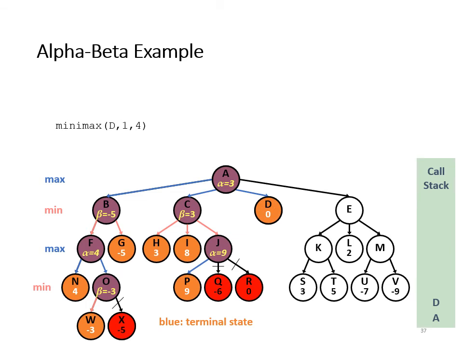Now alpha value can be impacted by E's value, and E's value depends on the K, L and M values, where K depends on S and T, and M depends on U and V. So first of all, we have to explore K, because K is the leftmost node and you have to maximize the value of alpha.